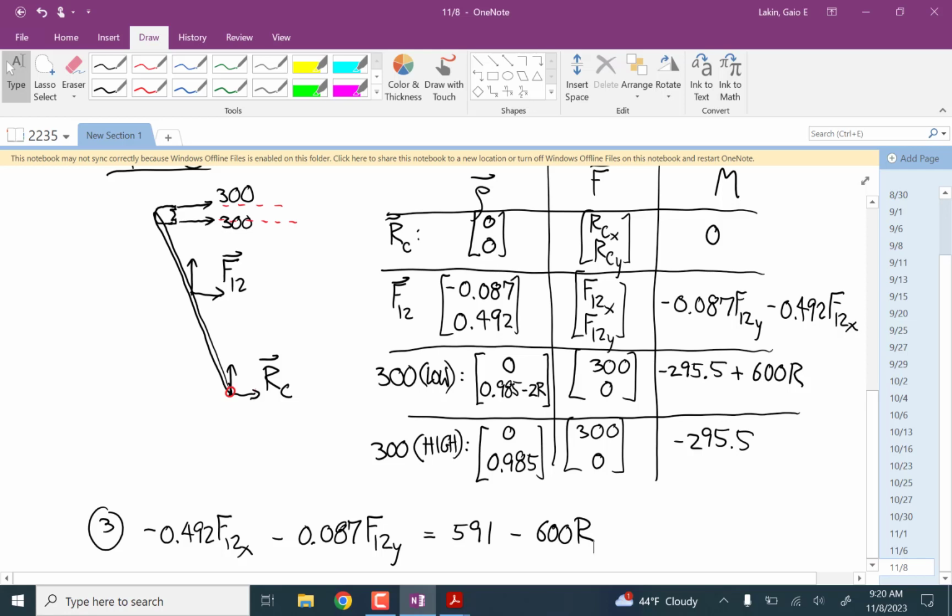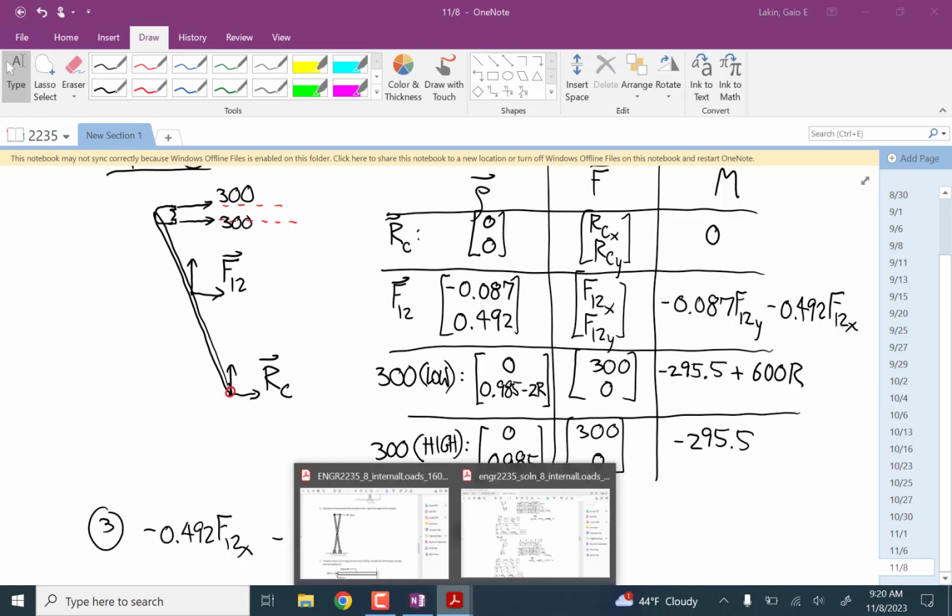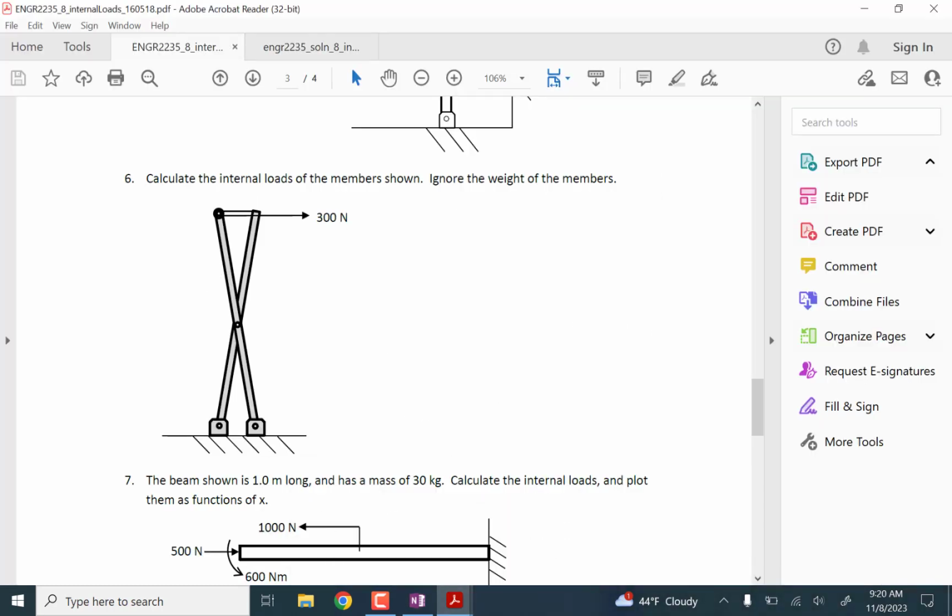I think you can't assume that because you don't know where the center of that pulley is. If we knew where the center of that pulley is, if I had said, okay, the center of the pulley is at the top of that member, then it would work out like you're saying. Instead, my first look at it, it looks to me like the top of the pulley is at the top of that member.